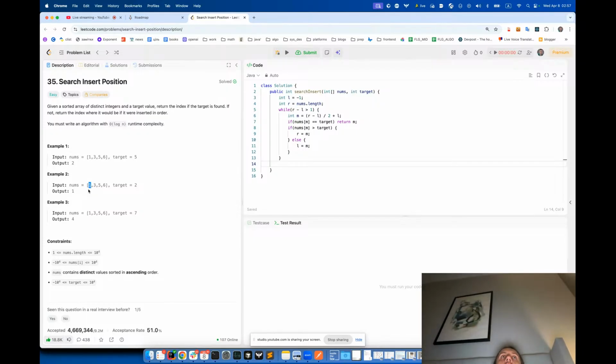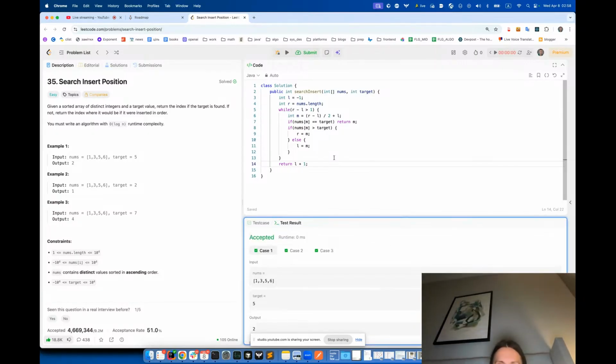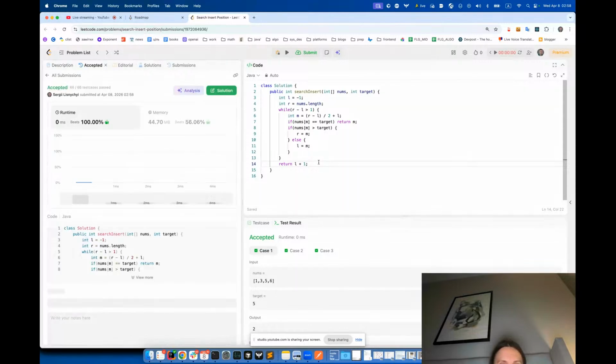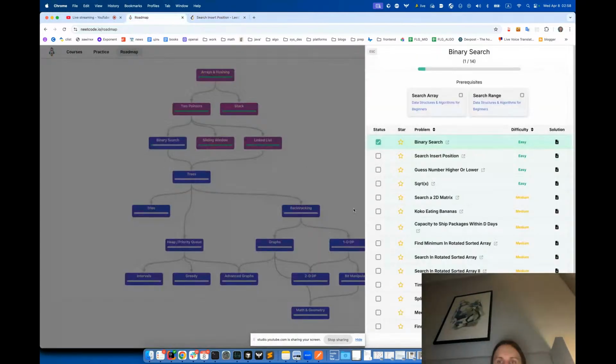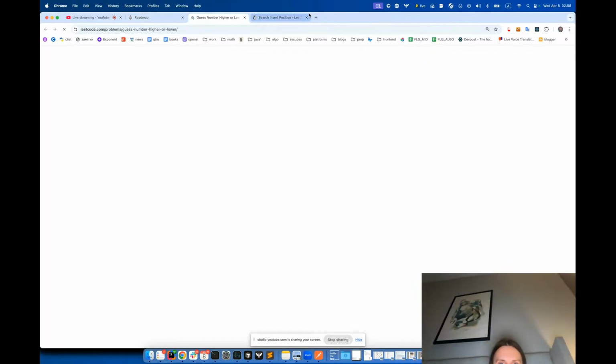So when we move our left, we actually always need to return left plus 1. Okay, this one is also done. Let's go to the next one.